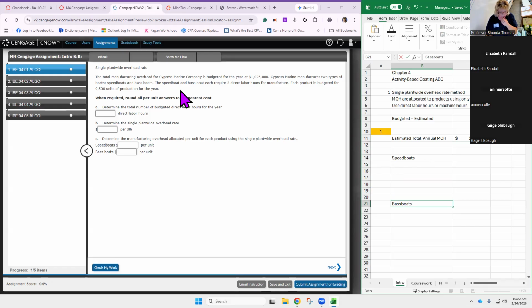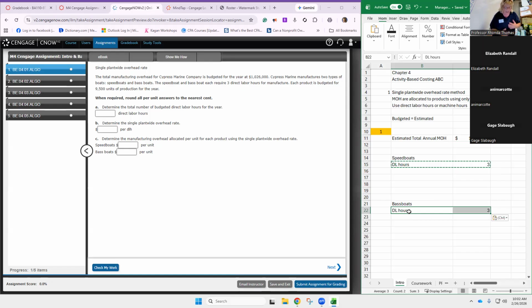Okay, and they said that each of them requires 3 direct labor hours to produce. So we'll put direct labor hours is 3. And that's the same for the bass boats. So in other words, both of these boats take the same amount of labor, right?